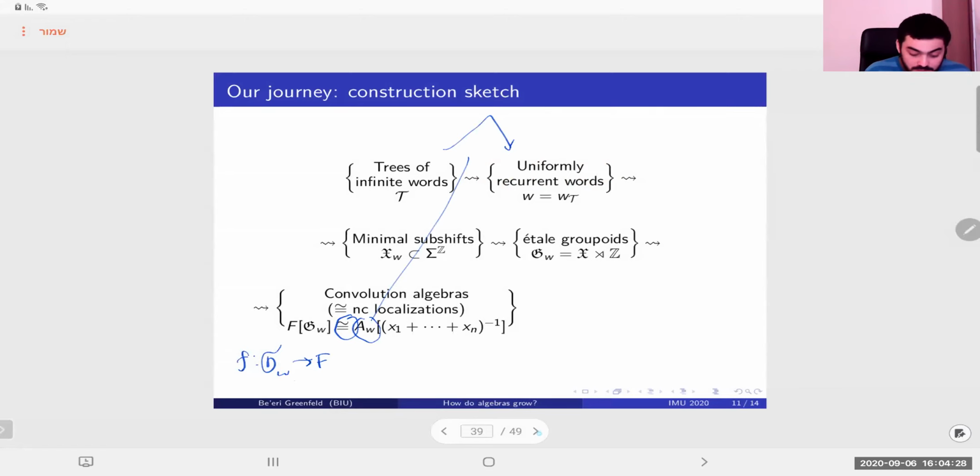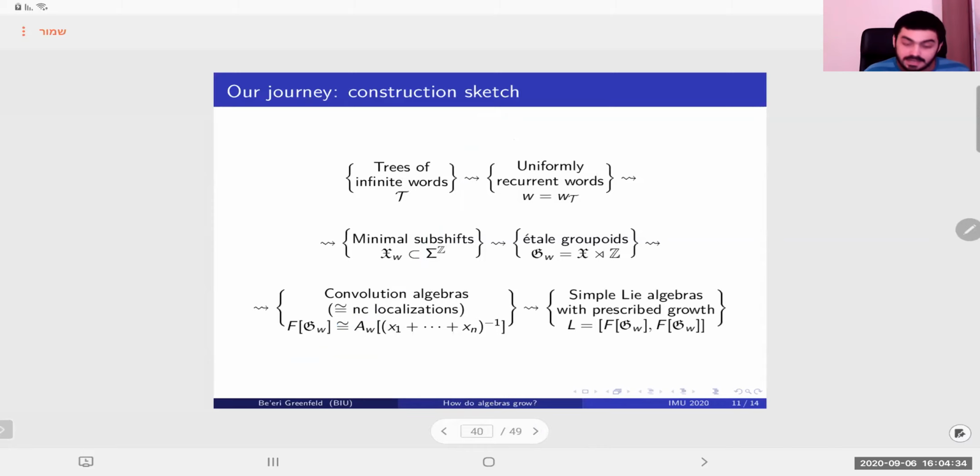And since this is an infinite algebra, the localization is a simple algebra. Then you pass to Lie algebras, and you have to work to show that the commutator Lie algebra is still finitely generated, simple, and of course, the most important thing is that the growth rate is retained along this journey.